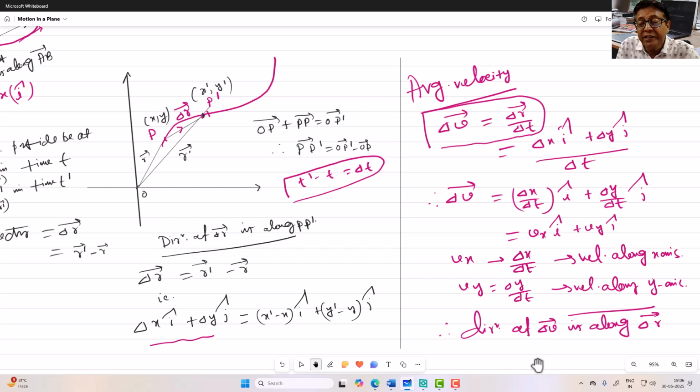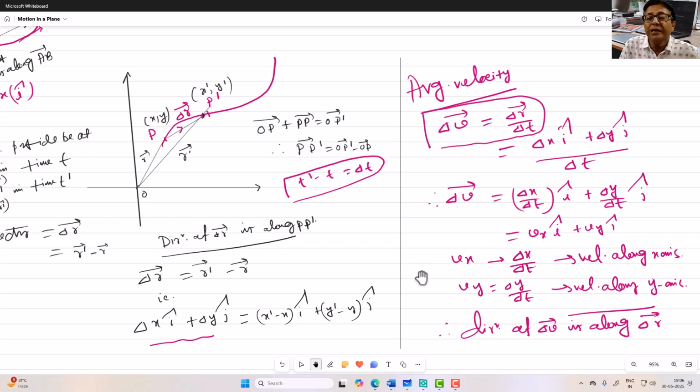Okay, let us analyze this velocity vector first. Delta V you got, it is directed along delta r. Now, if we want to find velocity at a particular point, then that velocity will be termed as instantaneous velocity.